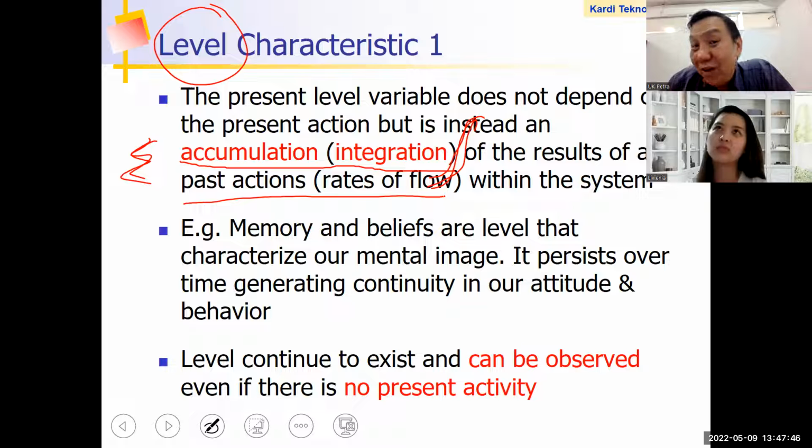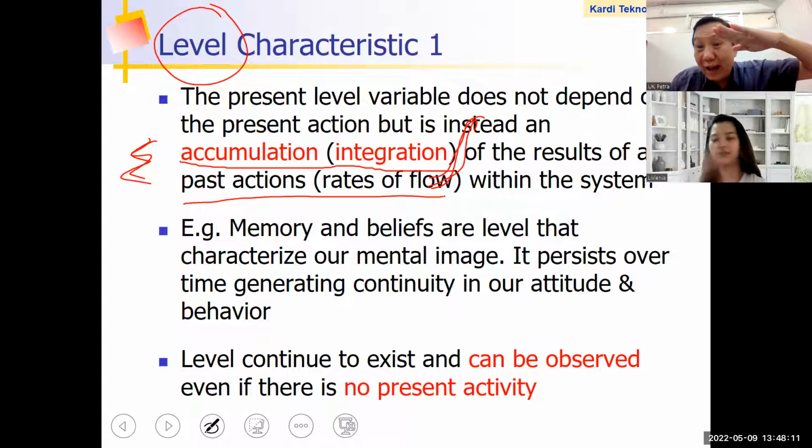Does rich mean level or rate? Level. So when you say someone is rich, it is actually a level. That means it is the state value, the current value of his or her wealth, right?